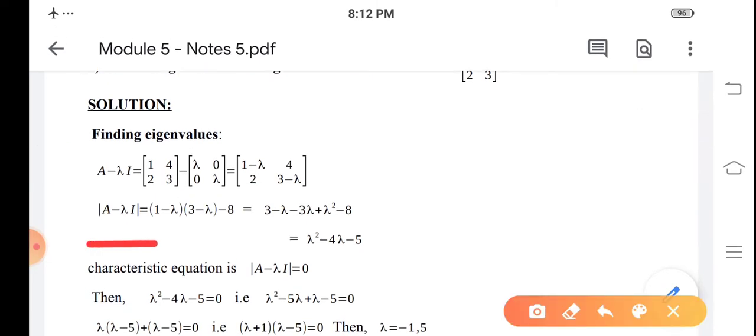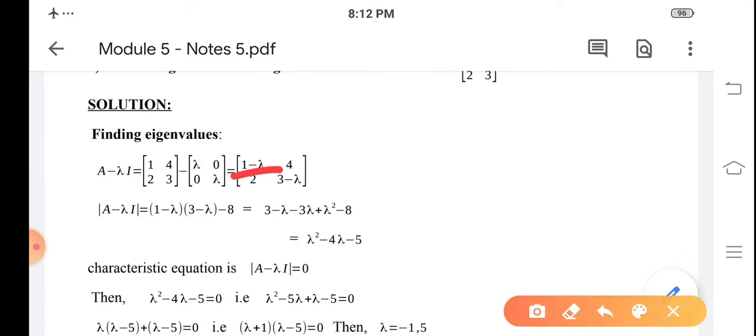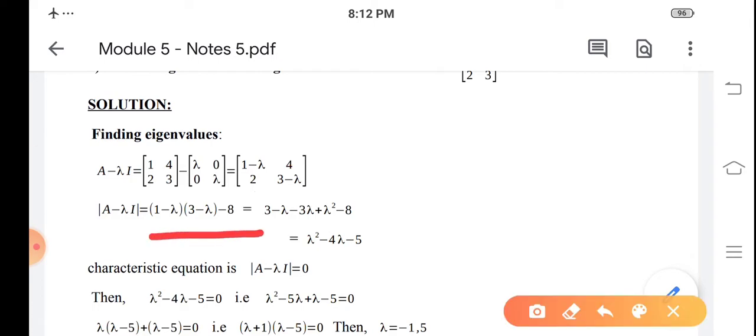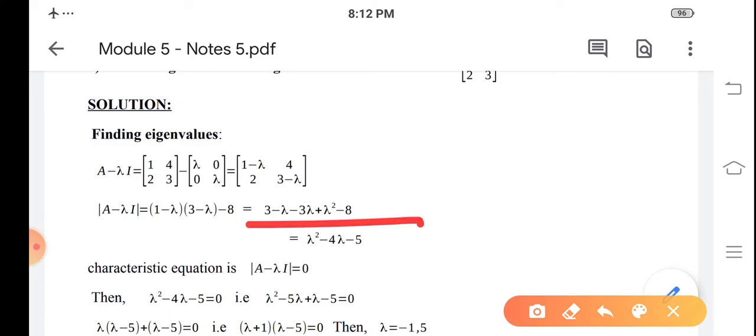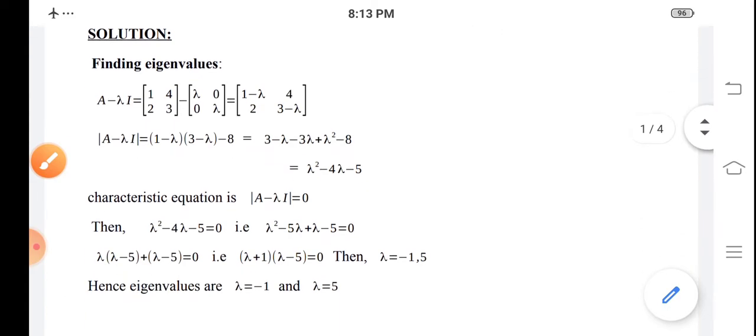Now the determinant of A minus lambda I is (1 minus lambda) into (3 minus lambda) minus 2 into 4, that is (1 minus lambda)(3 minus lambda) minus 8. On simplifying, it is 3 minus lambda minus 3 lambda plus lambda square minus 8, or lambda square minus 4 lambda minus 5.